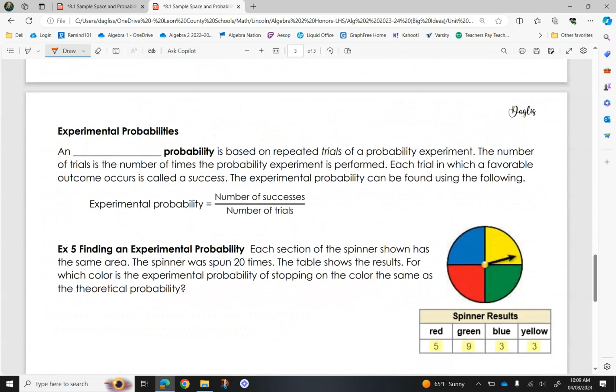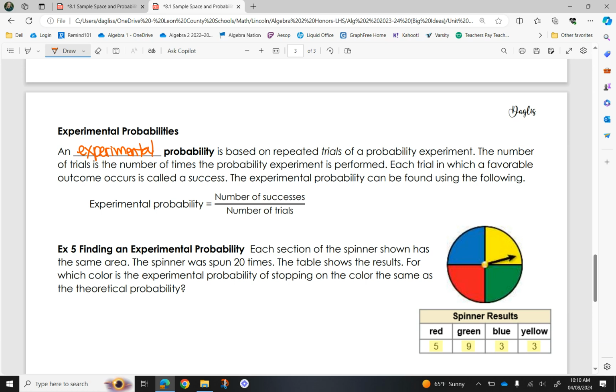An experimental probability is based on repeated trials of a probability experiment. The number of trials is the number of times the probability experiment is performed. Each trial in which a favorable outcome occurs is called a success. The experimental probability can be found using the following: number of successes over the number of trials.